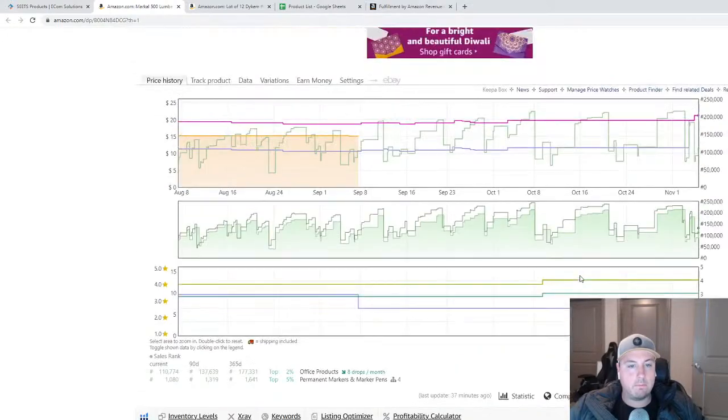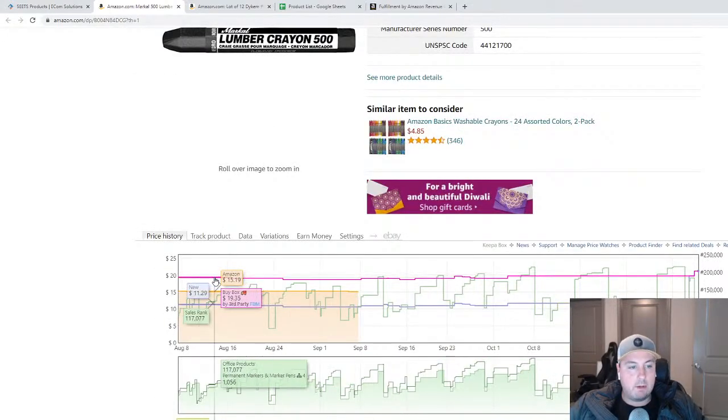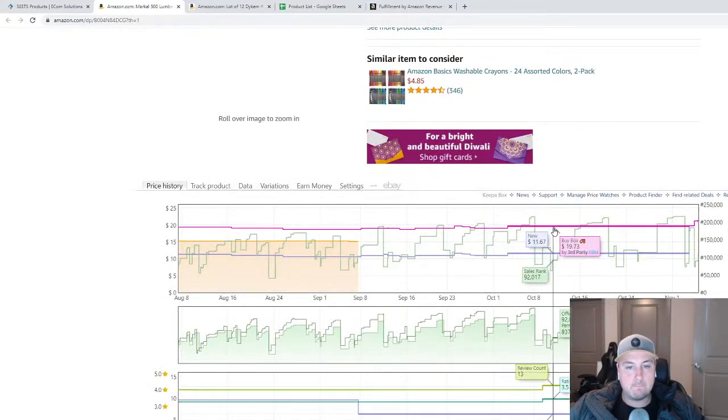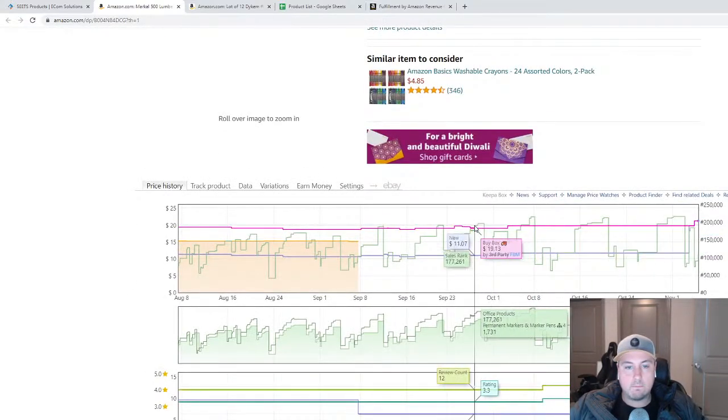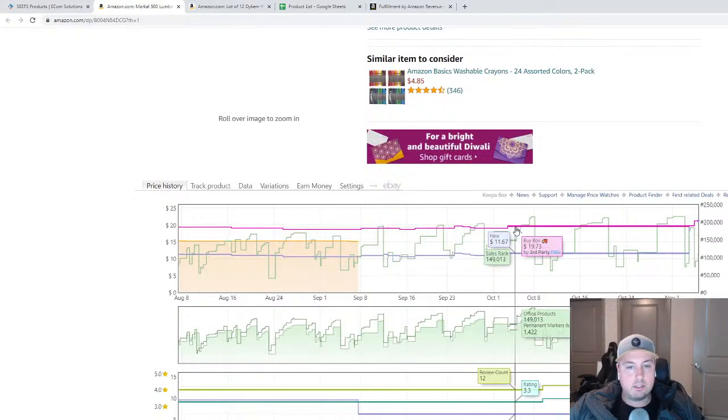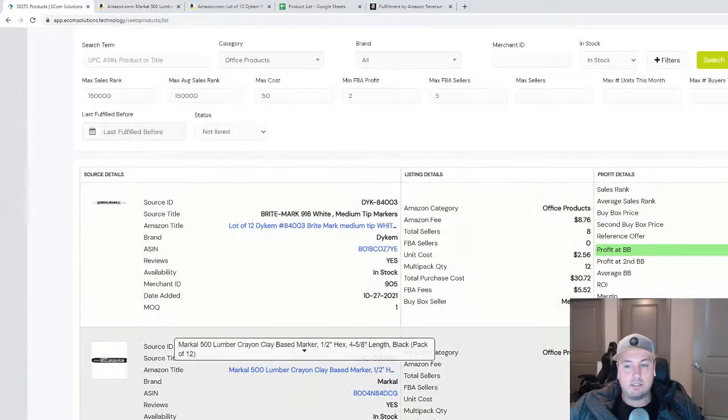Where's Keepa? Come on. All right, this buy box stays pretty consistent. Looks like 1865. I'd say 1973.